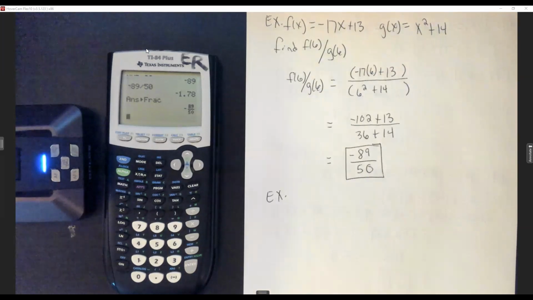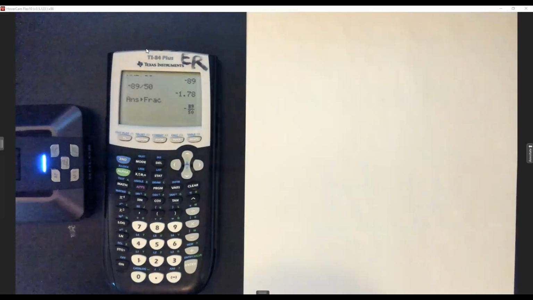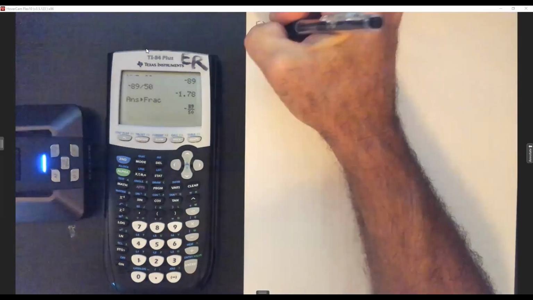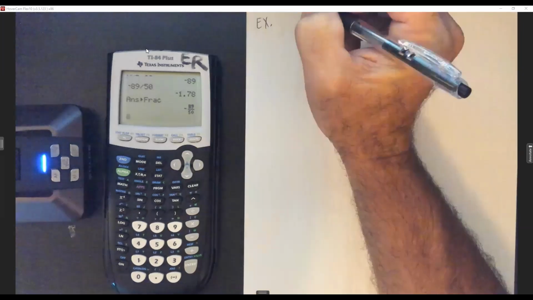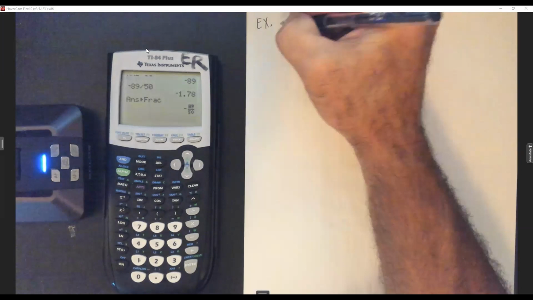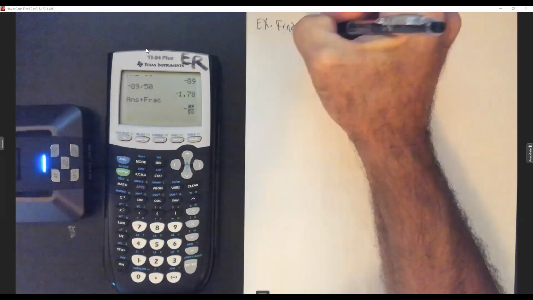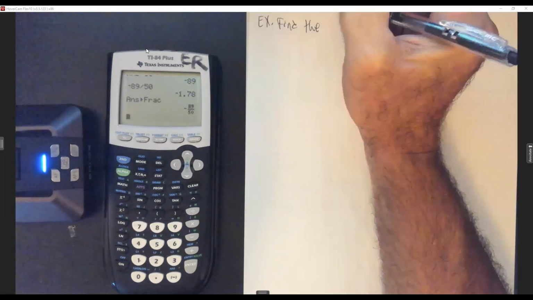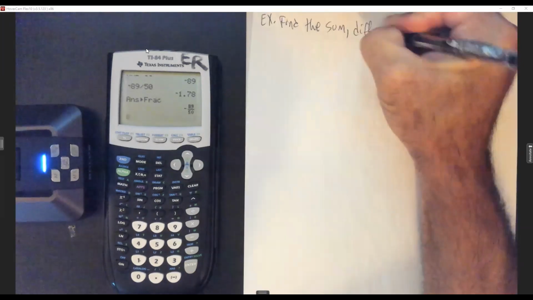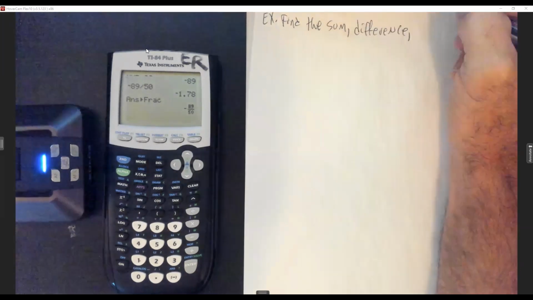All right, so I'm going to switch papers now because I got a longer one coming. Oh, where'd it go? All right, so this one says find the sum, difference, product or quotient.